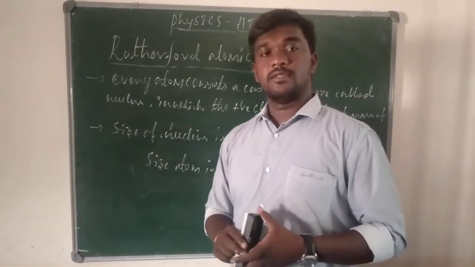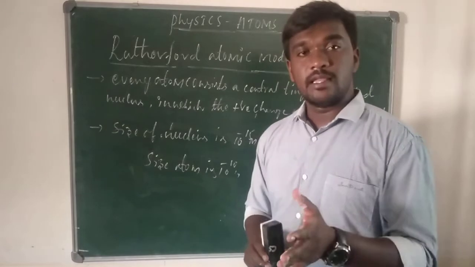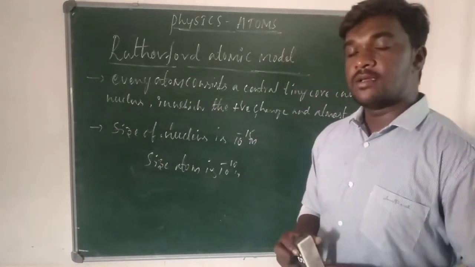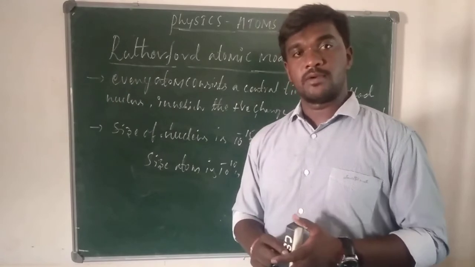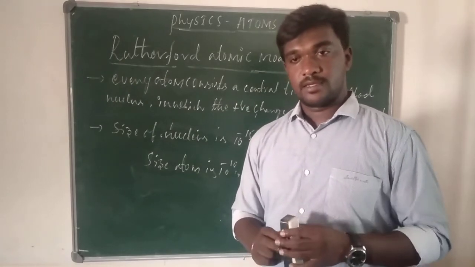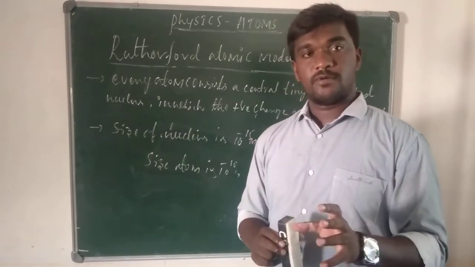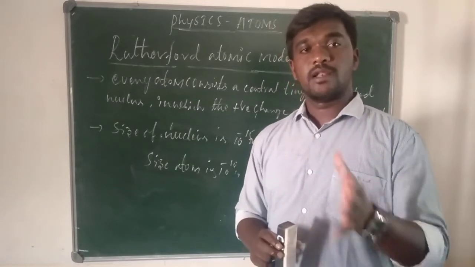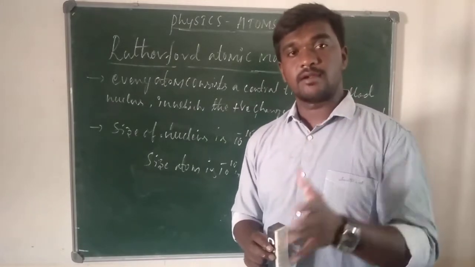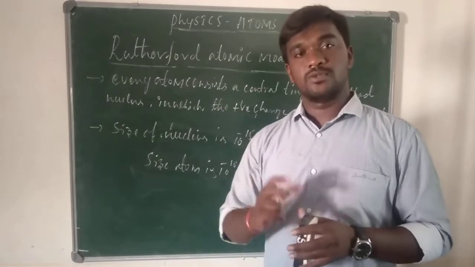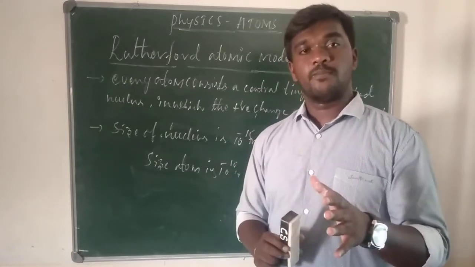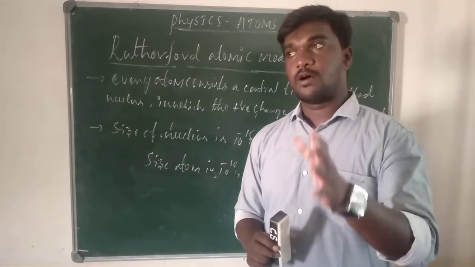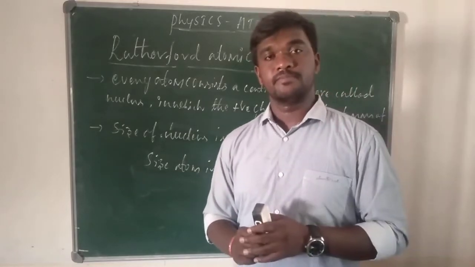And another one is that the atom is electrically neutral. Rutherford says the atom is electrically neutral. That means the total number of negative charges of the electrons is equal to the total number of positive charges of the atom.